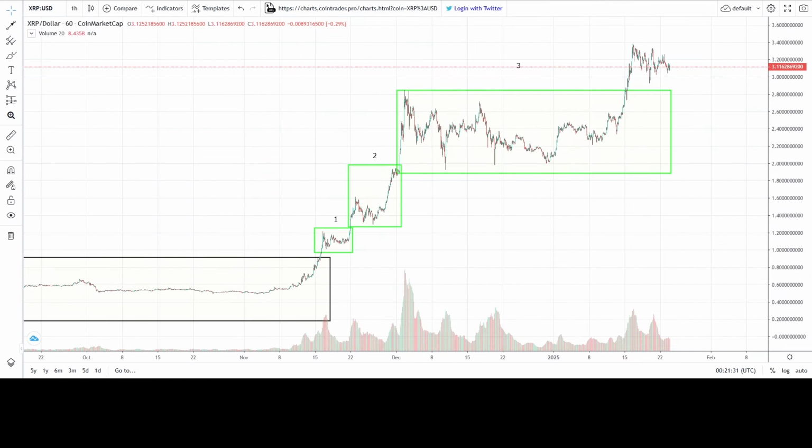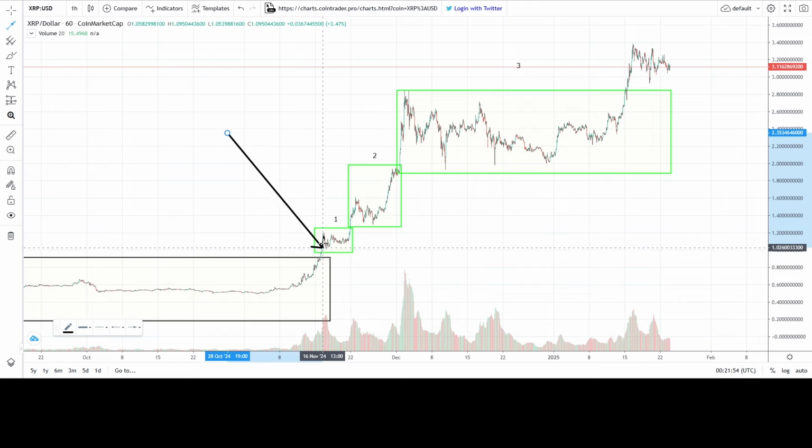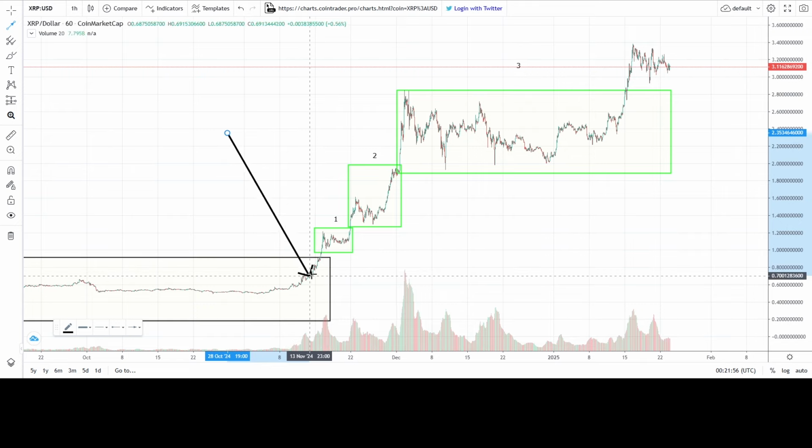So here is today's bull run structure. The bull run structure has three corrective structures within the greater bull run structure. Let me explain these structures to you. It starts with the end of the sideways range-bound time, so price begins to move up, and it will have smaller pullbacks along the way.